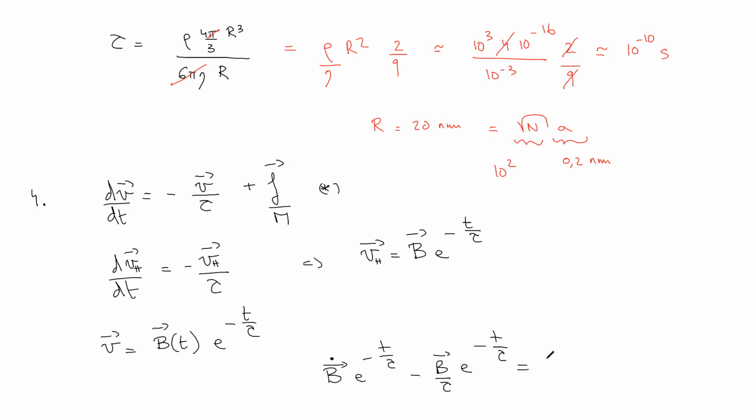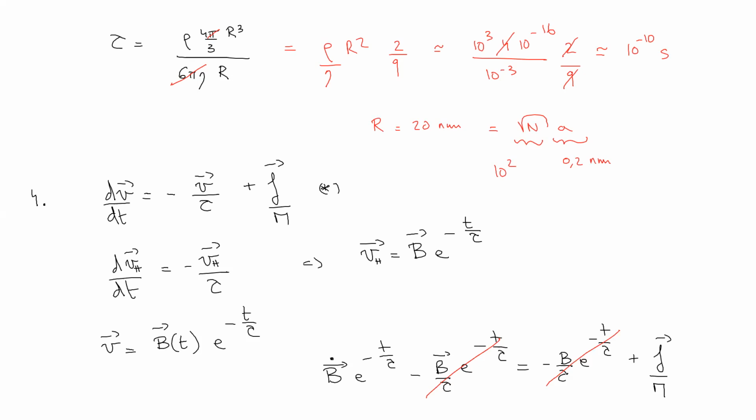And on the other side, we have minus B over tau, which is the homogeneous part, cancelling the one on the other side here. And you have F over m. So the homogeneous equation cancels out by construction, and therefore we are left with the following equation: B dot is equal to exponential of plus t over tau times F over m.